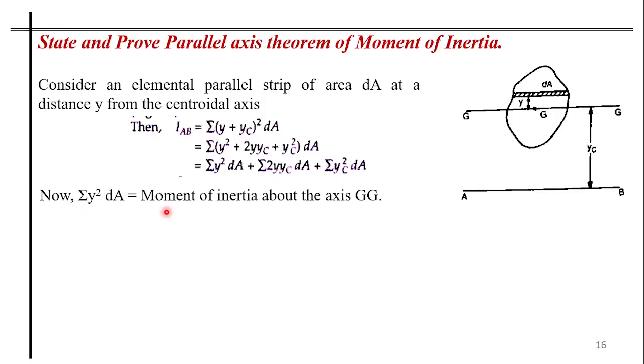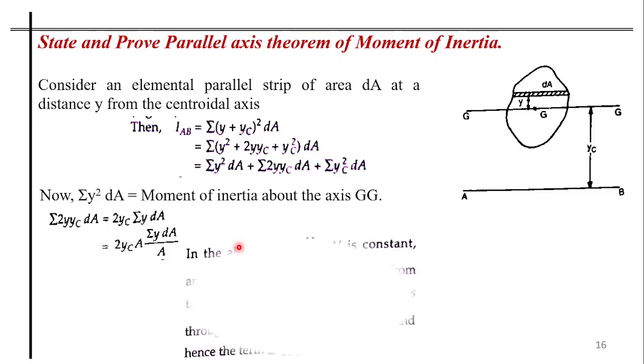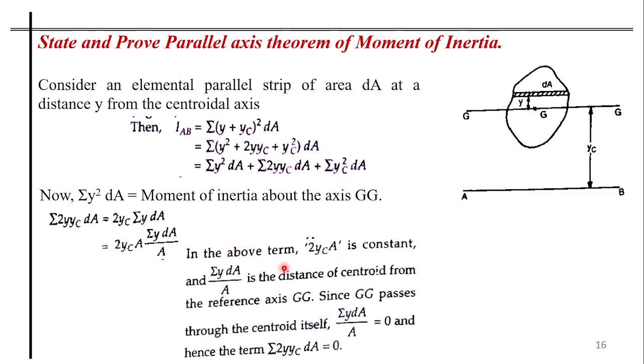So integral y square dA is going to be the moment of inertia about the centroidal axis, and this term is a constant. The second term that you are seeing, the first moment of the total area, is going to become 0. Then the third term is going to be the total area multiplied with yc square.